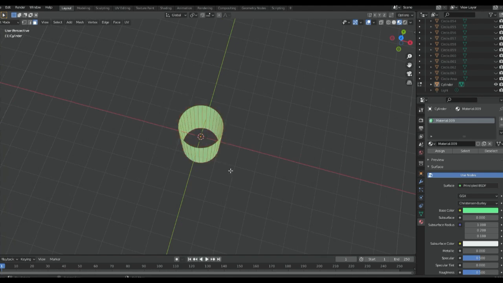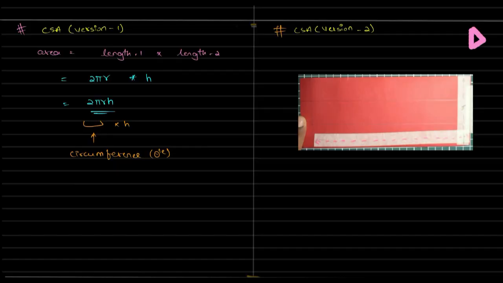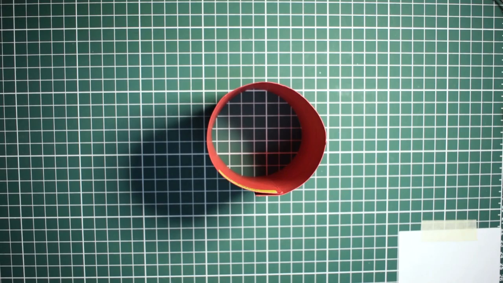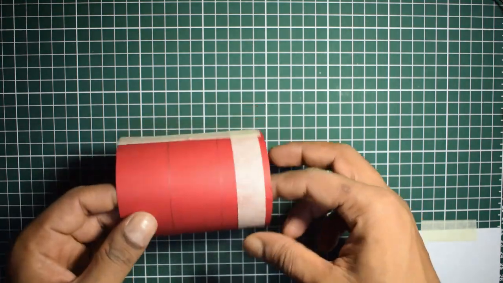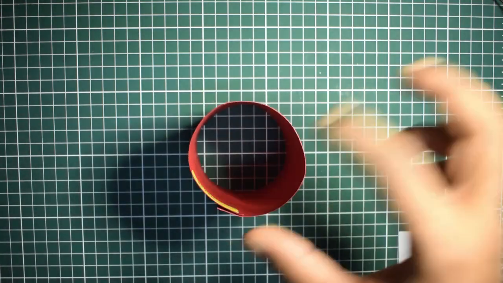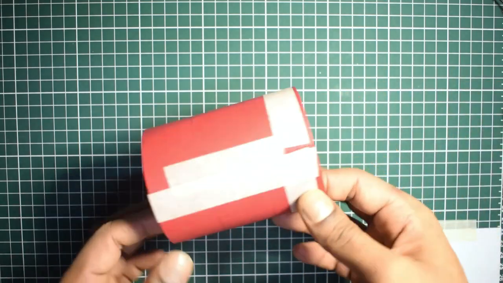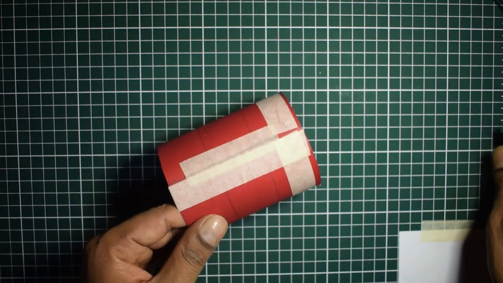Okay, you got a good view of this. So now let's look into the second way of learning this formula. So we have the same thing but as a paper cutout. Physically I have a cylinder in hand. So the first thing is your height.